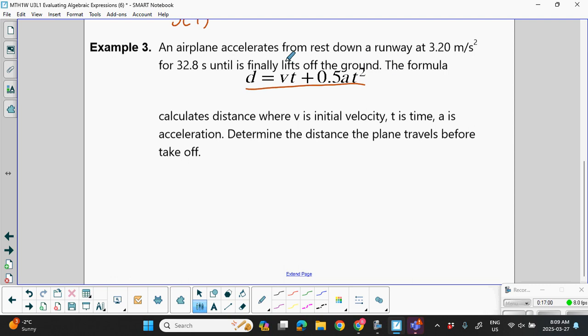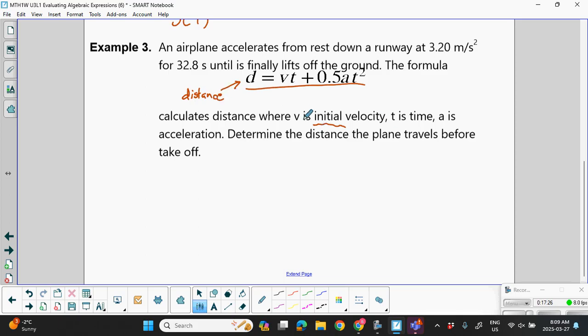The formula calculates the distance, where v is initial velocity. Now we'll have to figure out what initial means. T is time, a is acceleration. Determine the distance the plane travels before takeoff. So the d here is the distance. That's what we want to find.